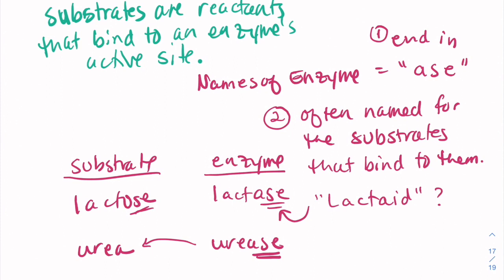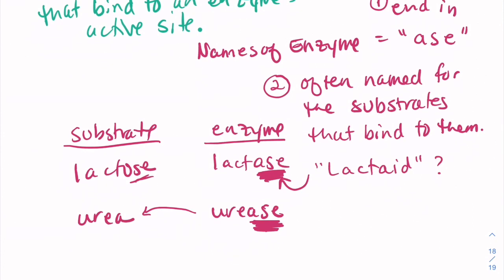So we try to name the enzyme after the substrate, and it usually ends in -ase. There are a couple of enzymes out there that I can think of that don't end in -ase, but they are definitely the exception rather than the rule. So if you see something that has -ase on the end of it, you know it's an enzyme.